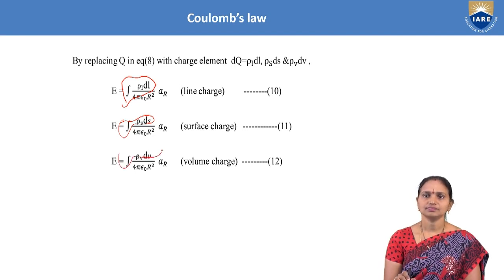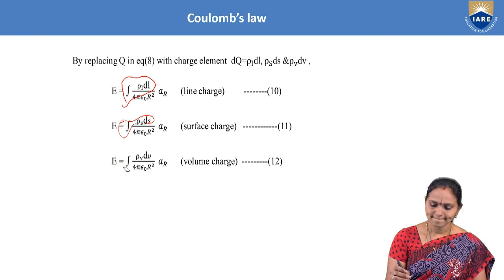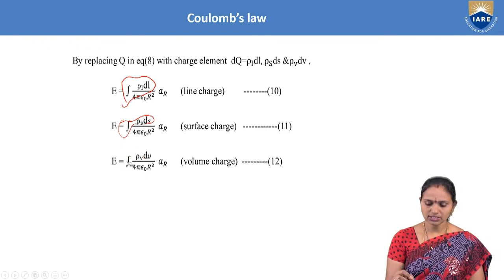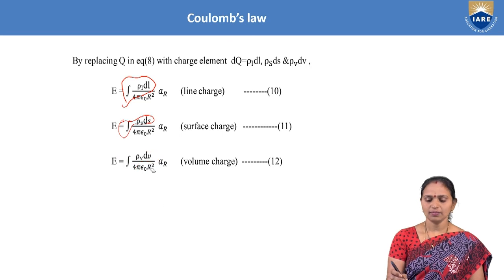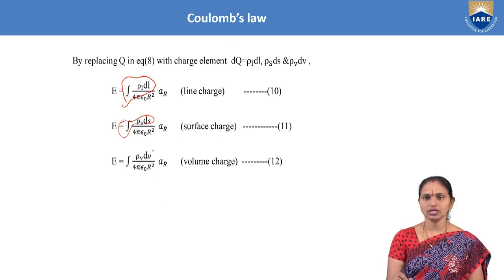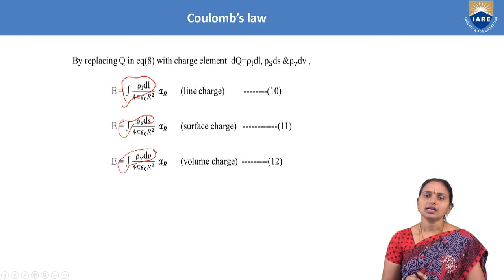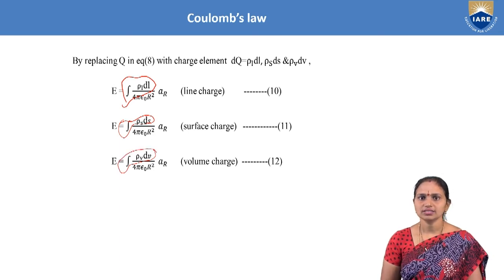Similarly, if it is a volume charge case, we replace Q with integral rho v dv. Now E, the field intensity or field strength in the volume charge case, is integral rho v dv by 4 pi epsilon naught R square into AR.